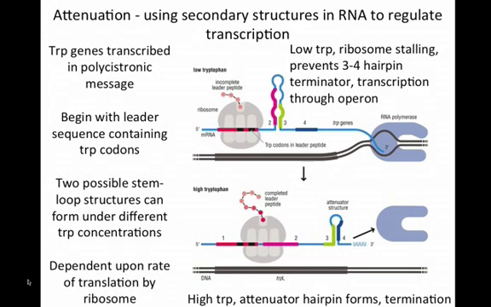So, I'm sorry. So with the presence of tryptophan, do both mechanisms occur to prevent transcription or just one of them? Well, I guess you can say that they're kind of sequential mechanisms, right? Okay, the question was, do both occur or just one or the other? So, regulation of initiation is going to happen before regulation of termination, right?